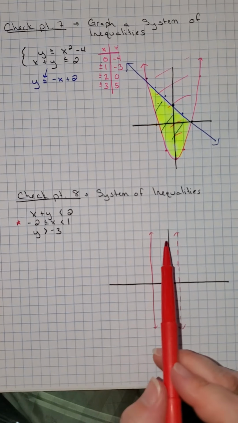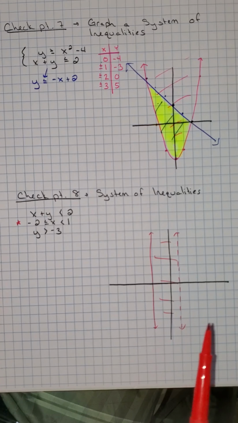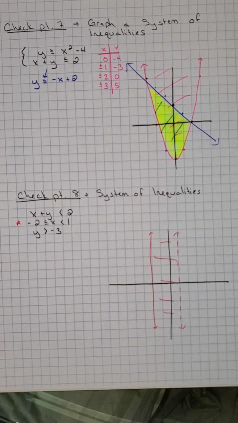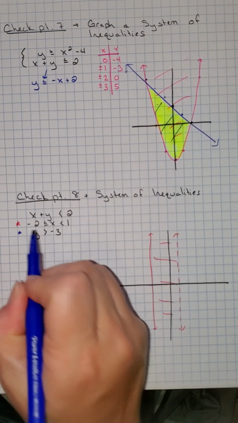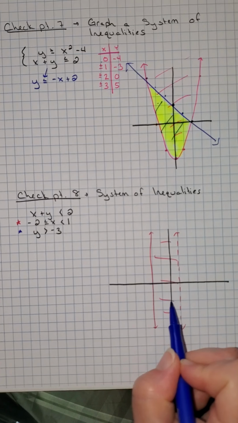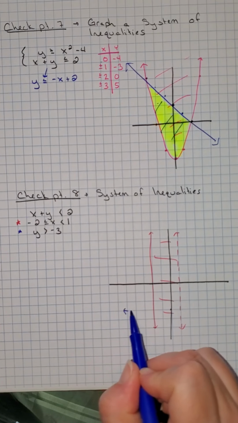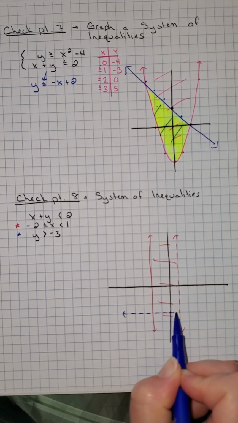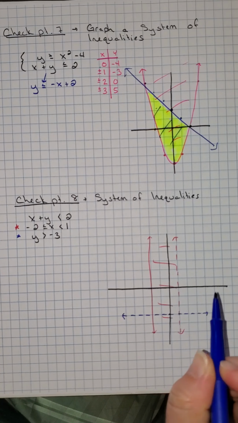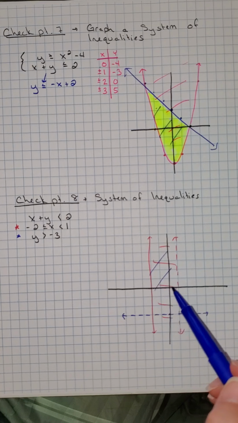So our final answer needs to be between these two. The next one that's not so bad to take care of is y is greater than negative 3. So y being negative 3 is a horizontal line. It's greater than, so it'll be dotted. So that would be in here.